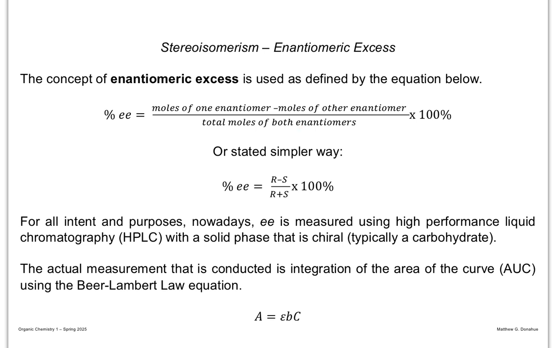For example, you could take R minus S divided by R plus S. Those can be moles, or most commonly nowadays, it's the value from an instrument called an HPLC, which is high pressure liquid chromatography. You basically get a chromatographic trace. The area under the curve is integrated, and then you plug those numbers into the equation.